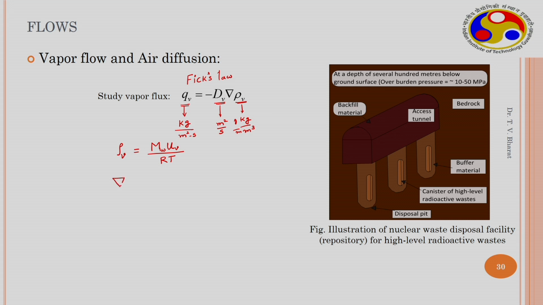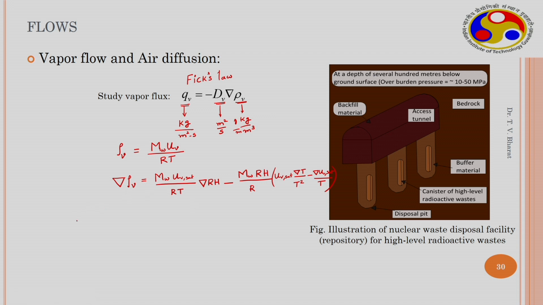So the variation in density of vapor is essentially due to change in RH and change in temperature, which can be expressed as MW uv sat times RH, divided by RT, times change in RH, minus MW times RH divided by R times uv sat, del T by T square, minus del uv sat by capital T. So, this is the expression for del rho v.